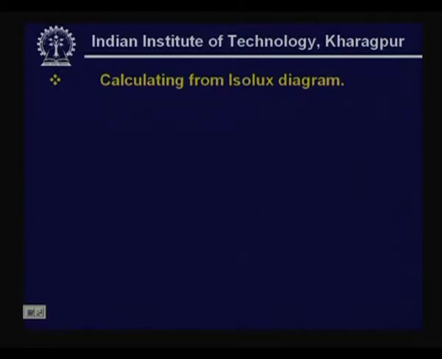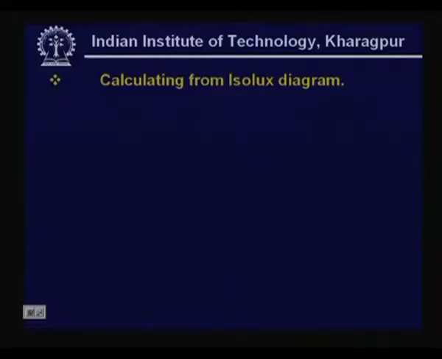The other thing I said, apart from the tables, is that you are also given isolux diagrams in the manufacturers' catalogs. We said that yes, powerful programs are available today, but it is not enough to use powerful programs without basic understanding.